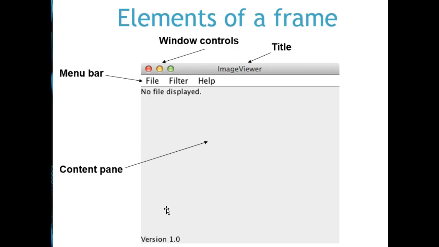It can usually contain the window title and a few controls. And the menu and the content pane are under the control of the application. So we can add some components here to create a graphical user interface. We can concentrate on the content pane first.